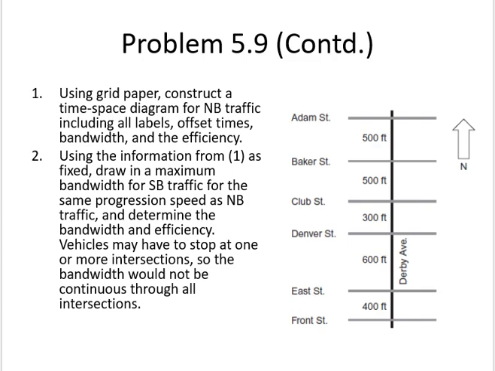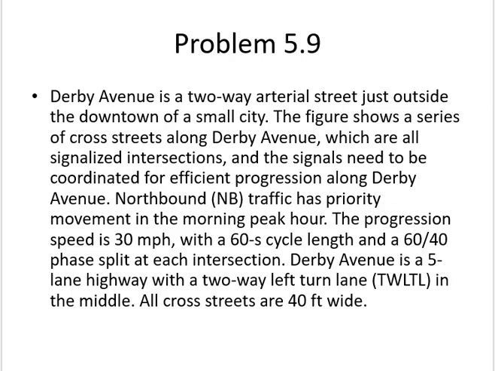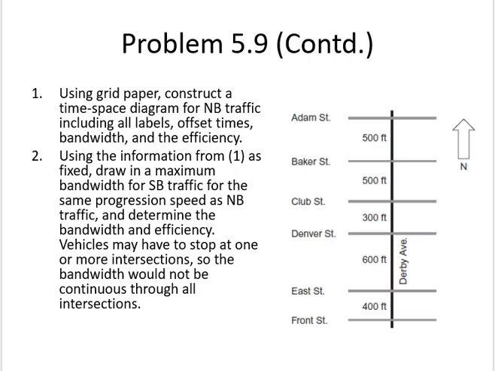Okay, this is an example. We have this main highway, and then there are minor streets. All of these intersections have a width of how much? 40 feet. All of them have 40 feet width. And then the distance between them is given. So for calculating from here, it will be 500 plus 40, then 500 plus 40 and so on.